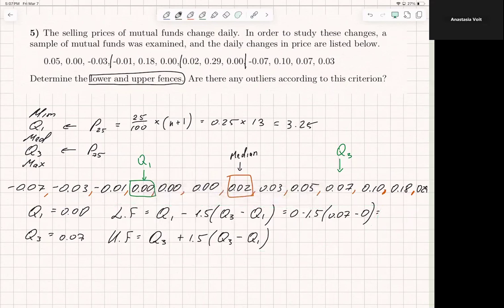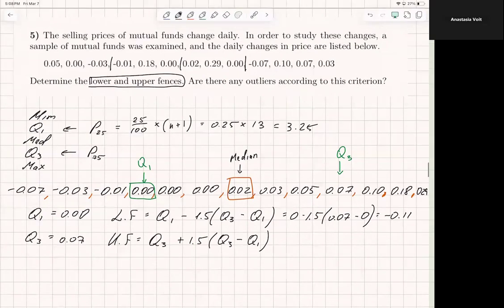We would have negative 0.105, or we can round it to negative 0.11. And the upper fence would be 0.07 plus 1.5 times (0.07 minus 0), that's going to be 0.105, or we can round it to 0.18. Okay?